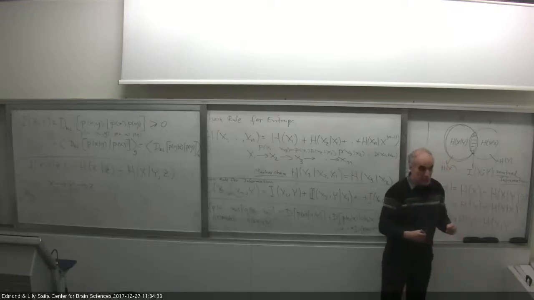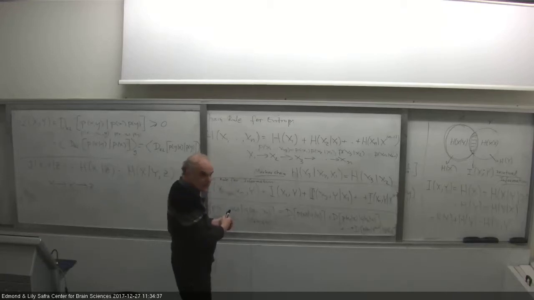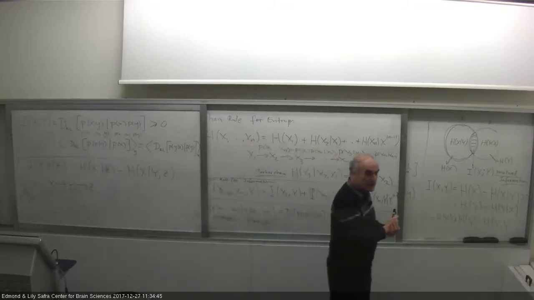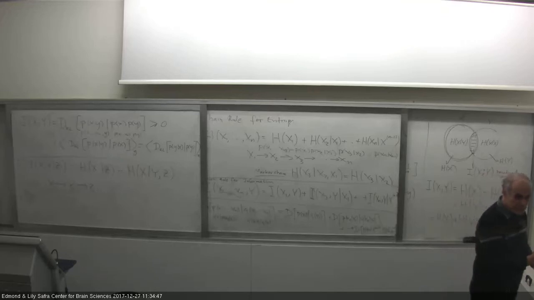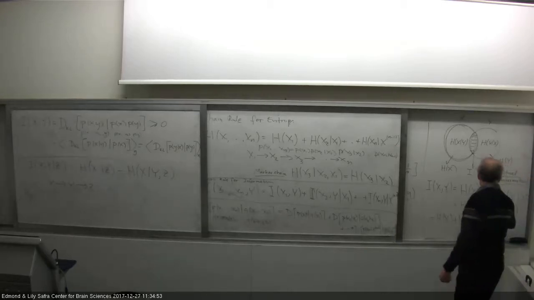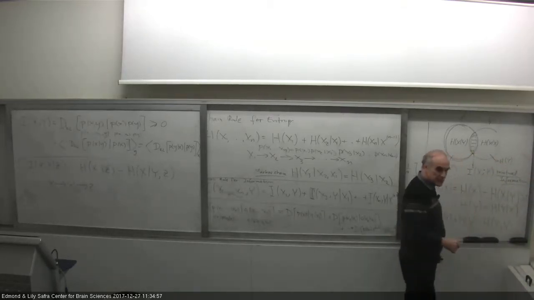So now I'm looking at the information in something about y. This is still H of y minus the conditional entropy of y given all the x's. So it's still bounded by the entropy of y. If the second term here is 0, then the mutual information is precisely the entropy of y.